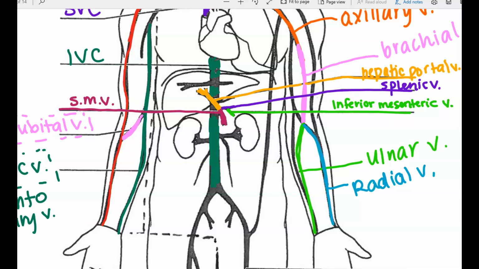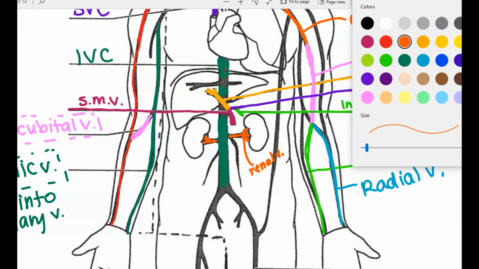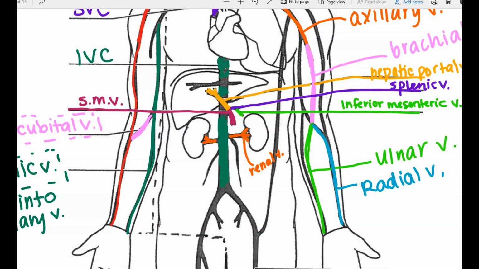Okay, other veins we can see here that are not labeled, but we can add in labels to fix that, are going to be our renal veins and our gonadal veins. So I mentioned this in class to you guys, but notice how our right gonadal vein is going to drain directly into the inferior vena cava.